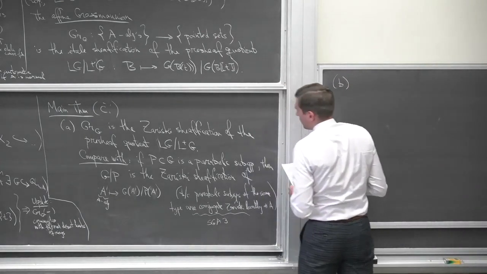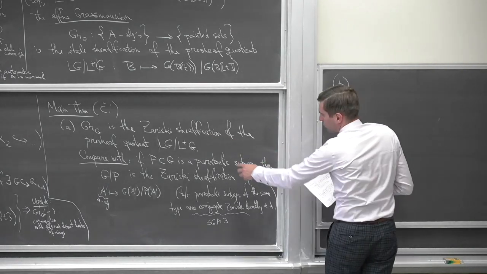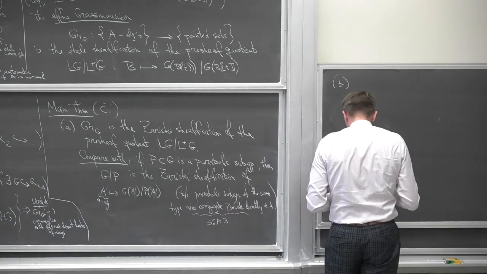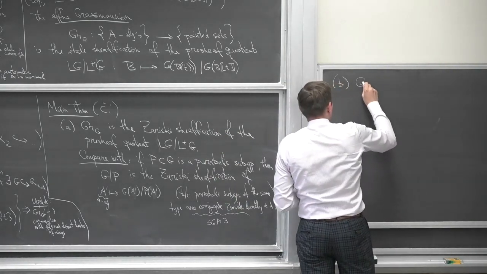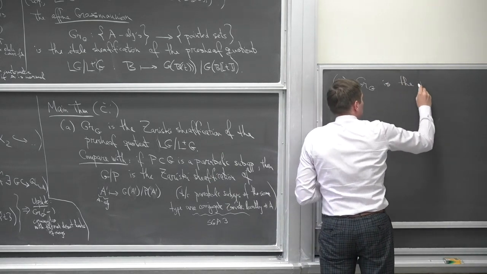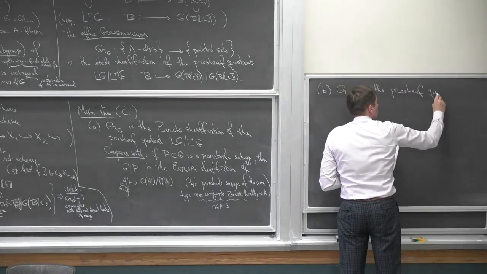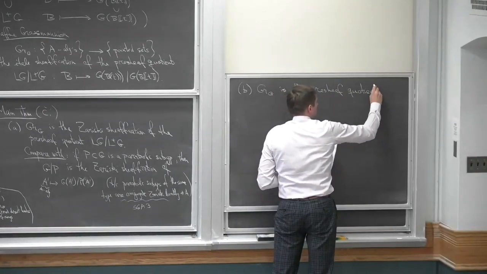Okay, but there's also a part B, for which there is no analogy, which is perhaps a little bit more surprising. The affine Grassmannian is actually just the presheaf quotient, so in fact no sheafification is needed at all.